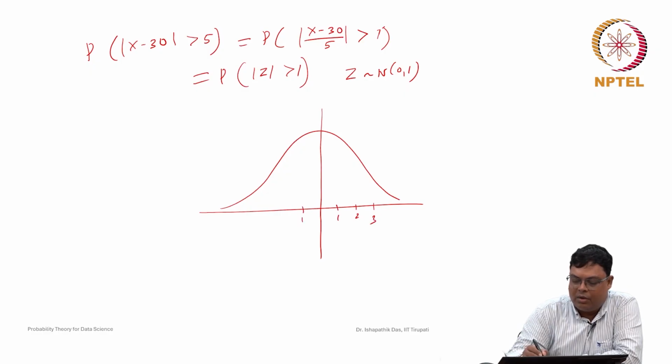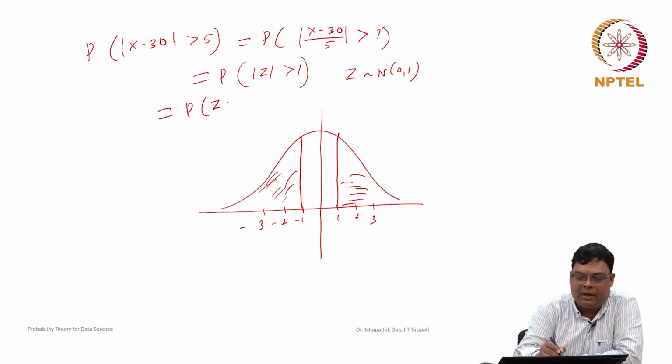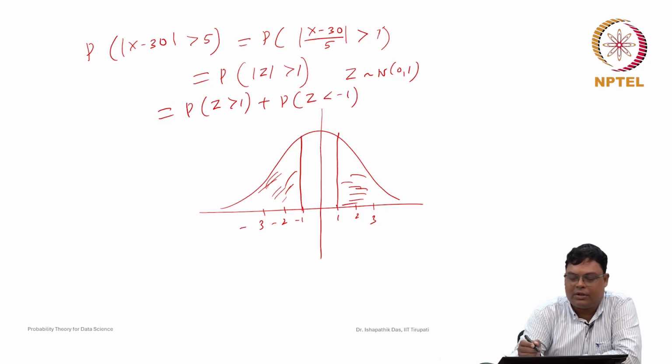Mod z greater than 1 means z can be greater than 1, this area, or z can be less than minus 1. So, this is minus 1, minus 2, minus 3. So, mod z greater than 1 means probability that z is greater than 1 plus probability that z is less than minus 1. You can keep equality also, no problem, because it is a continuous random variable.